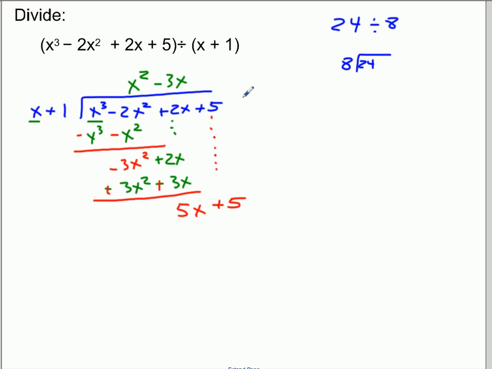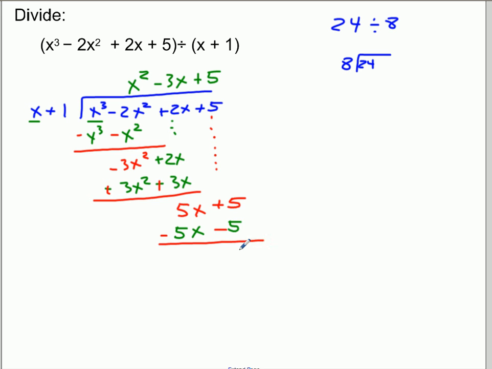one. I now ask myself, how many times does x go into 5x? And it goes in 5 times, because 5 times x is what gives me 5x. And 5 times 1 is 5. I am subtracting.